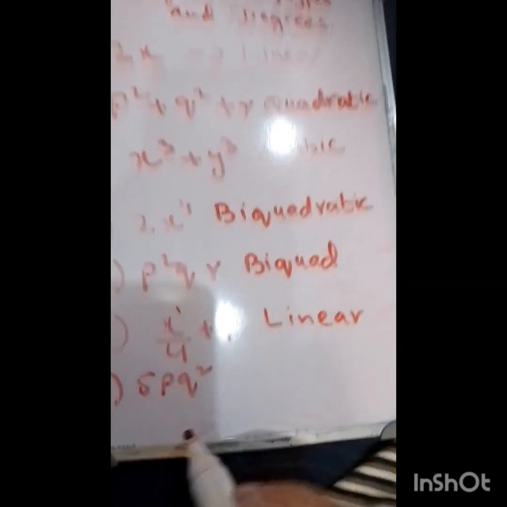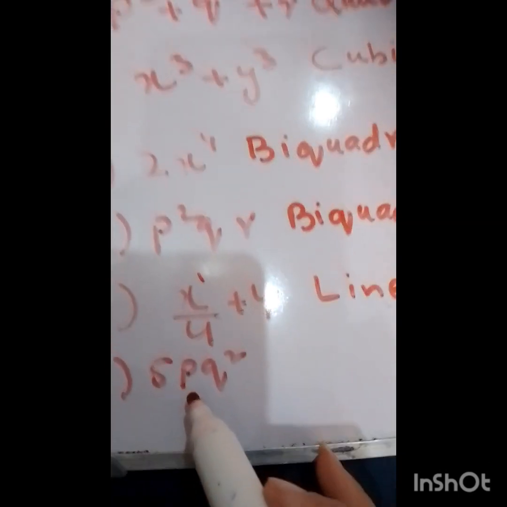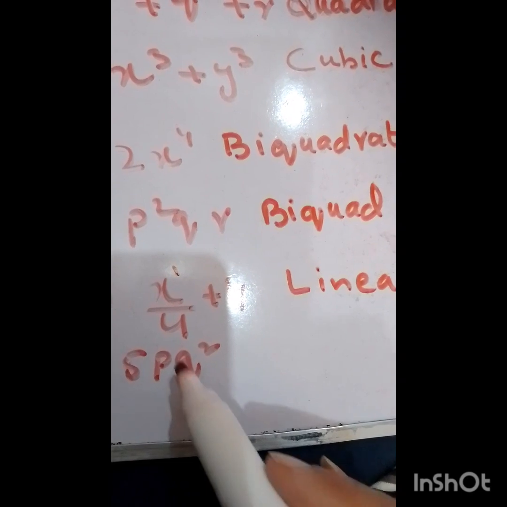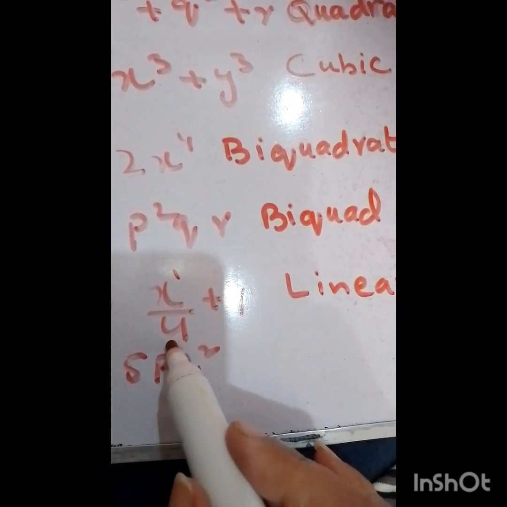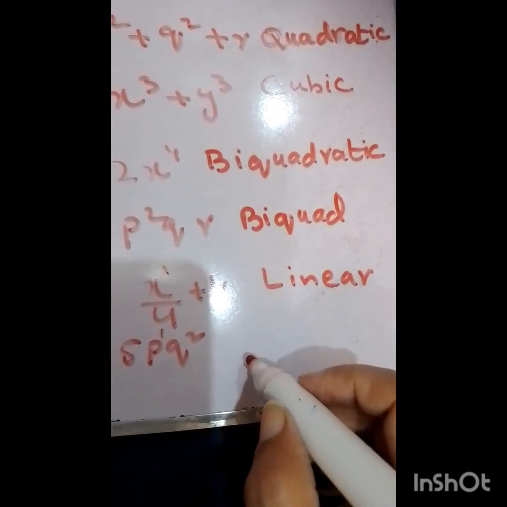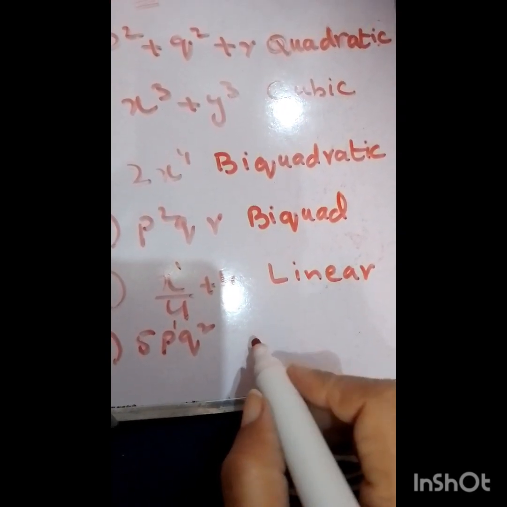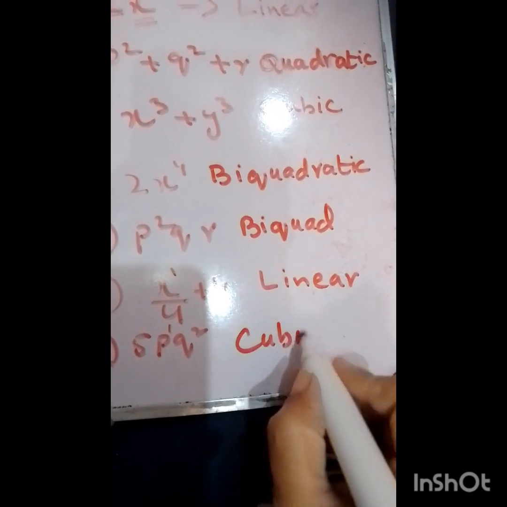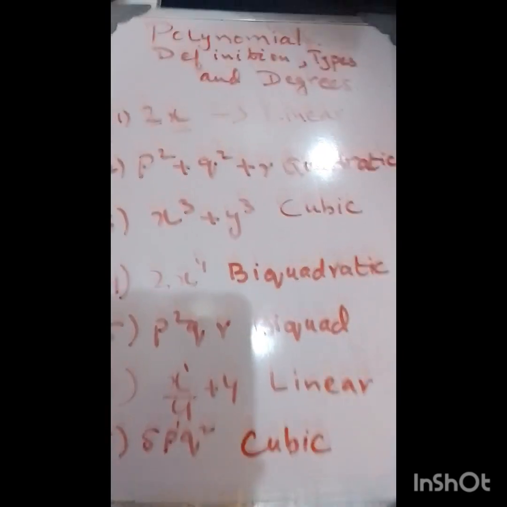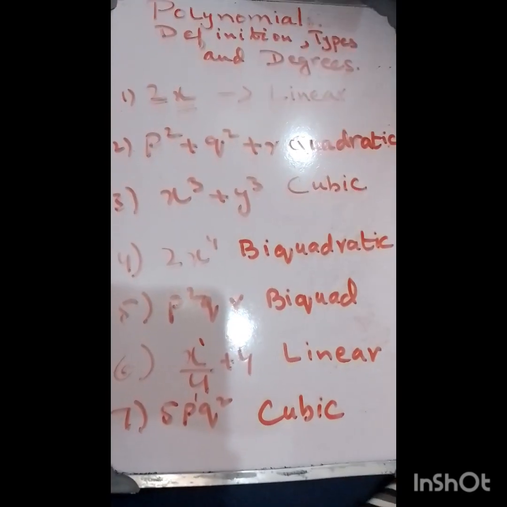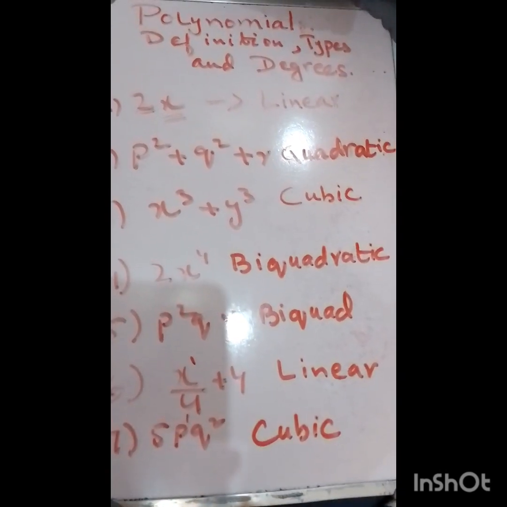Here you can see the polynomial variables having degree 2 and 1, 2 plus 1 is 3, so it will be cubic. I hope that you have understood the degrees and the polynomial differences, and there is no doubt in it now.